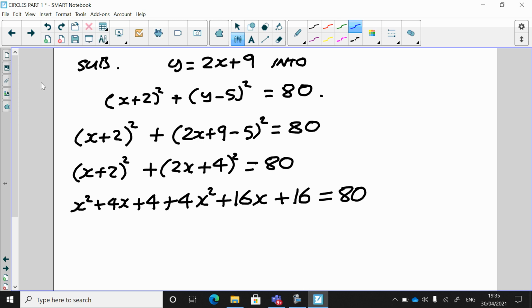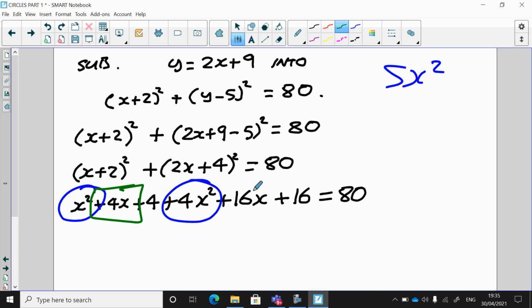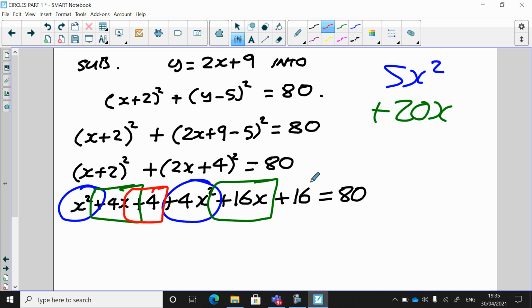So I need to sort things out here. I've got an x squared and a 4x squared, which gives me 5x squared. I've got a plus 4x and a plus 16x, which gives me plus 20x. I have a plus 4 and a plus 16, which gives me plus 20.